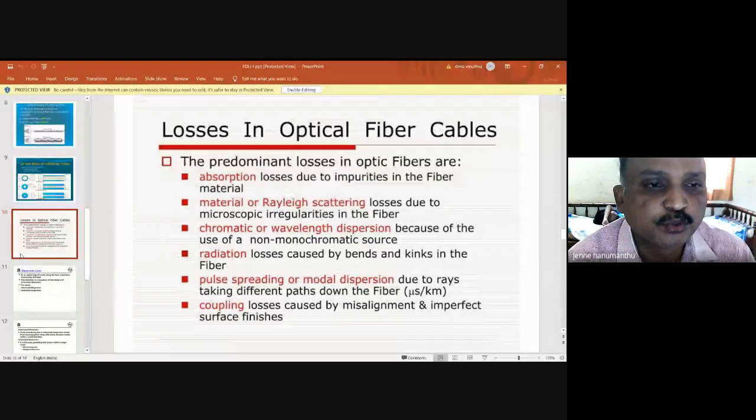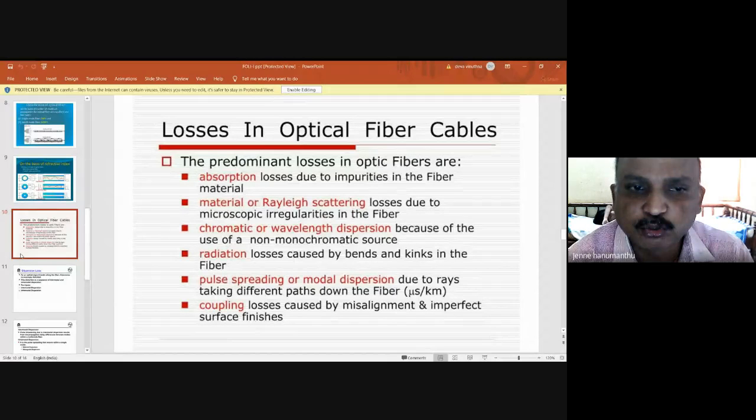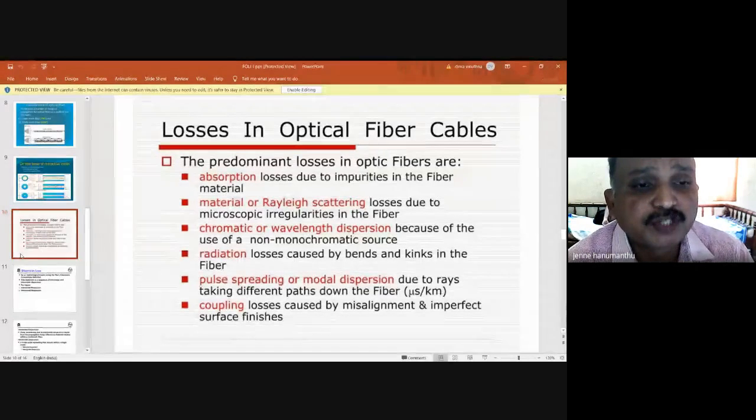When we are manufacturing any fiber, while selecting the material for fabricating the core and cladding, if there are irregularities at the microscopic level in the material selection, the light may be scattered. When the light is propagating through the fiber, that light may escape to the outside world. That is called material scattering.